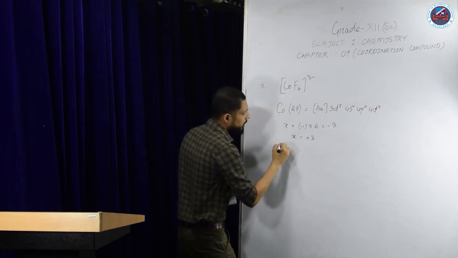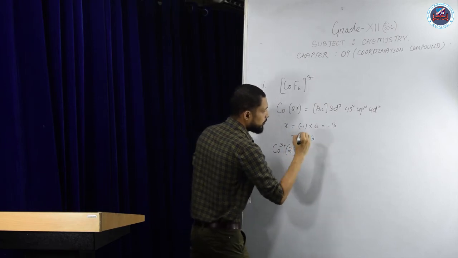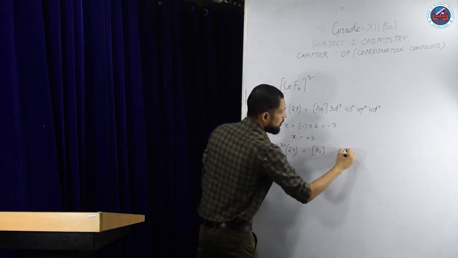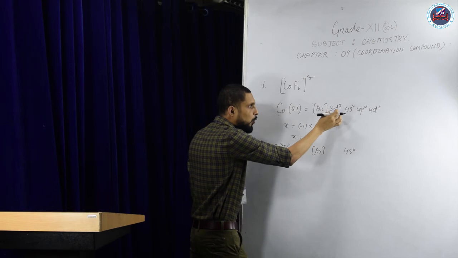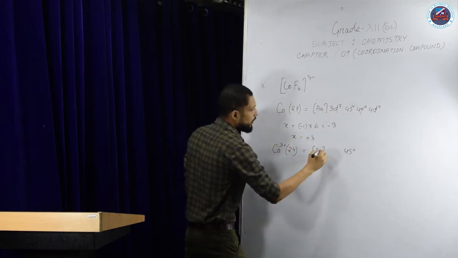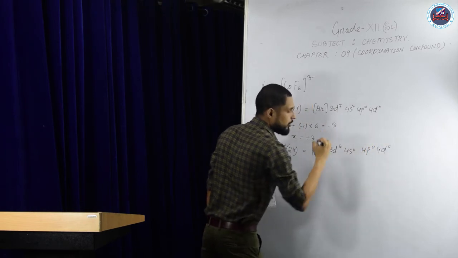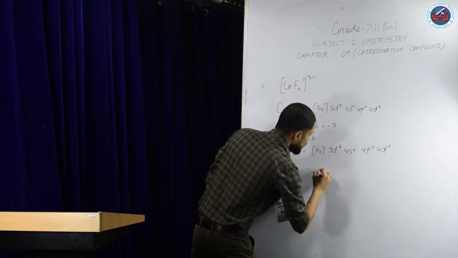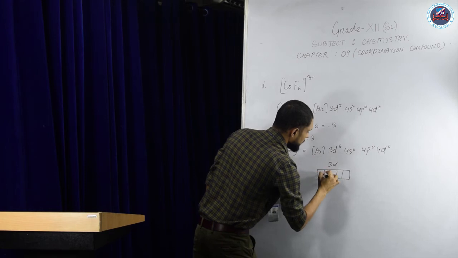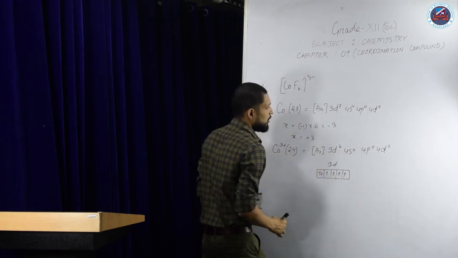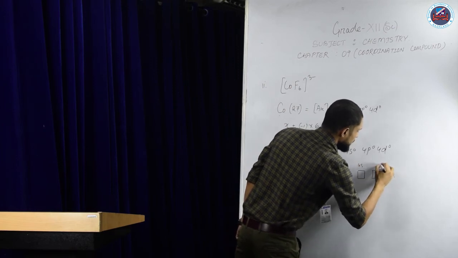So the electronic configuration of cobalt 3+ with 24 electrons is argon, 4s0; we'll remove 2 electrons from 4s and 1 from 3d. So it will be 3d6, 4p0, 4d0. Next, draw the orbitals. 3d has 5 orbitals, 4s has 1, and 4p has 3.